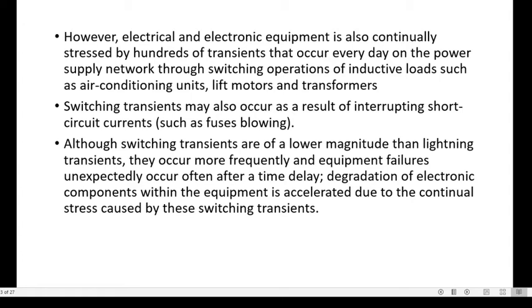So the degradation of the electronic components within the equipment is accelerated due to this continuous stress of these switching transients. So I will say switching transients are more frequent than the lightning strike.